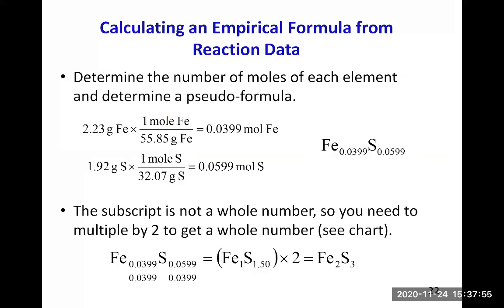Because the subscript was not a whole number, we had to multiply by 2 to get a whole number. So the empirical formula would be Fe2S3, which is probably also the molecular formula. So that's how you find the empirical formula from reaction data.